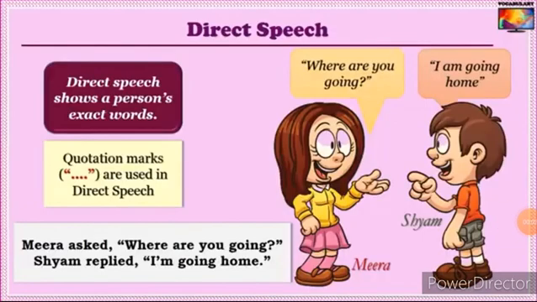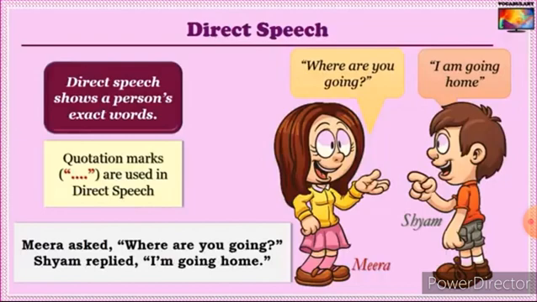So recall, children, direct speech means it shows a person's exact words, and quotation marks, open quotation and close quotation, are used in direct speech. That is, the actual words of a speaker are mentioned in direct speech.